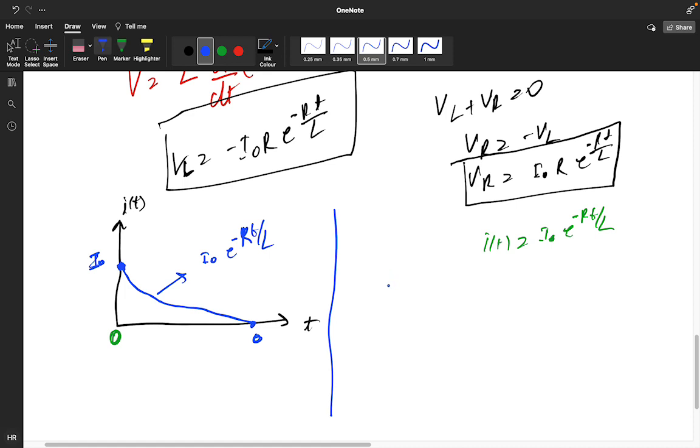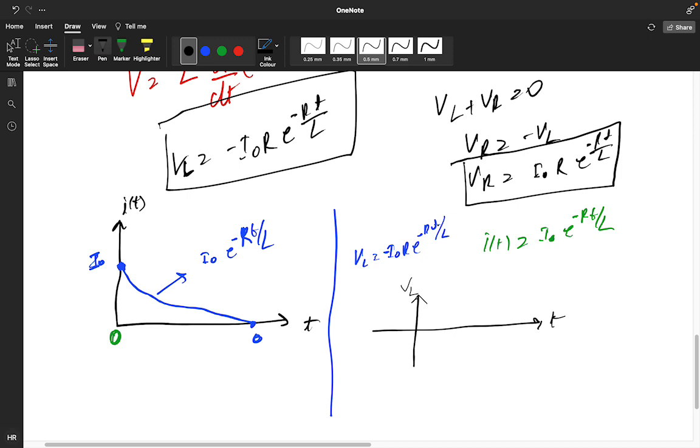What about V L of t? V L of t is equal to minus I naught into R e power minus Rt by L. If you are forming a graph, this is your t axis and this is your V of L function. At t equals 0, what is the value of V of L?